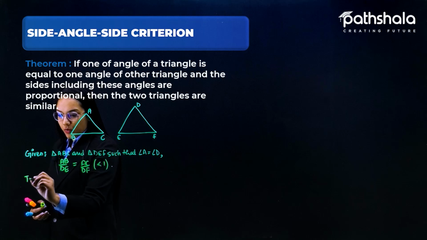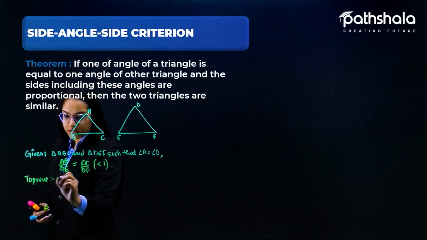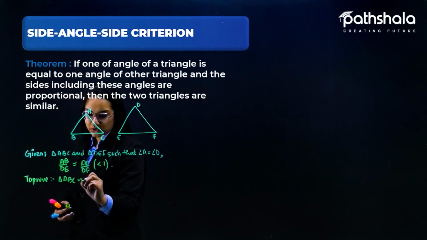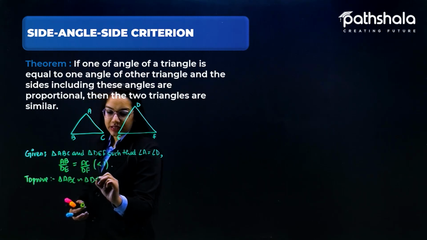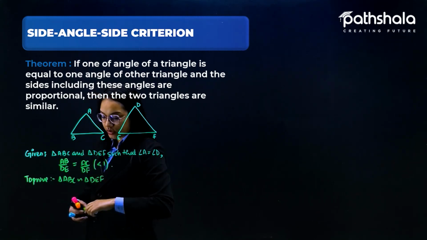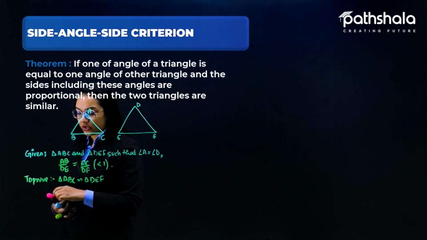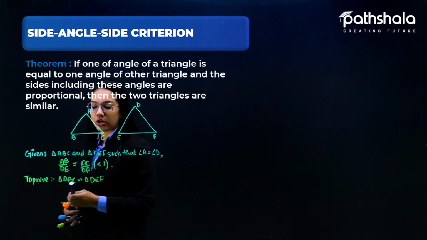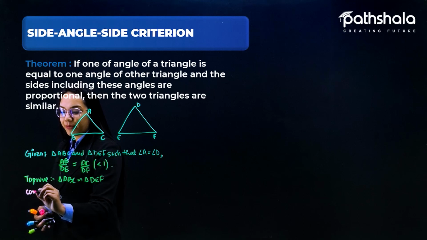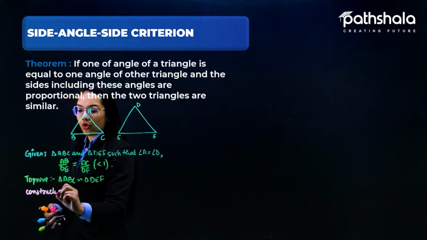Now let's see what we have to prove. We have to prove that the triangle ABC is similar to the triangle DEF. This is the thing that we wanted to prove. And now let's move on to the construction. Again we are doing the same construction as we did before.